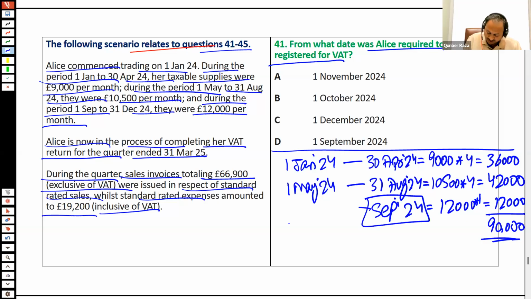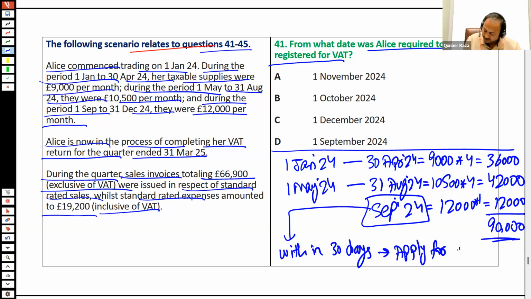So 30th September. Within 30 days, Alice has to apply for registration, right?